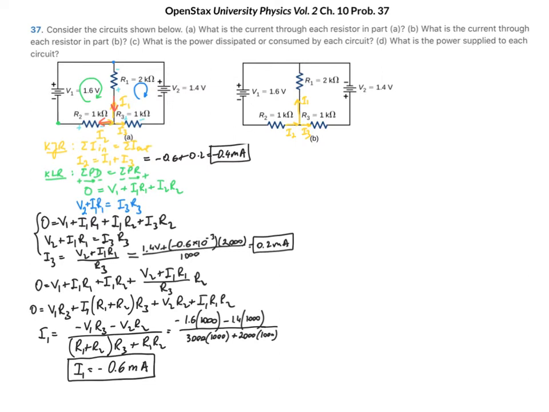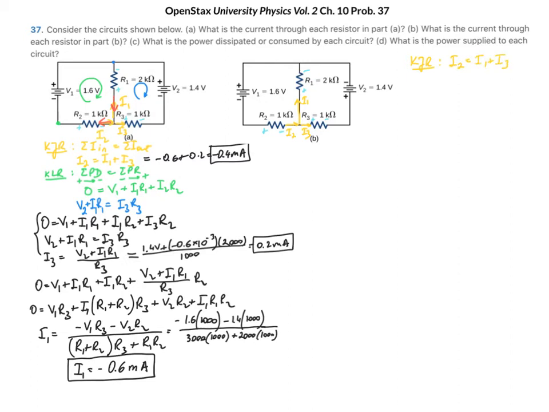I'm going to have to now label the resistors, and since I picked the same direction for the currents, my resistors are going to be plus minus like this, plus minus there, and plus minus here. I'm just copying them from the other diagram that we have. So I can write Kirchhoff's junction rule again, and it's the same that we had before. I2 equals I1 plus I3.